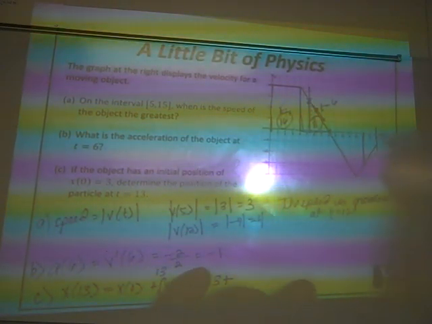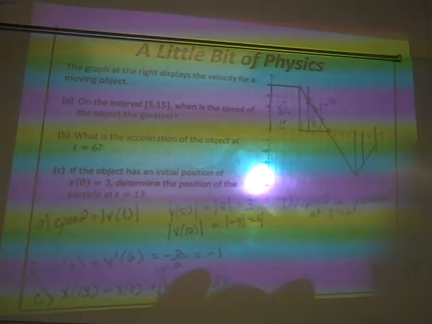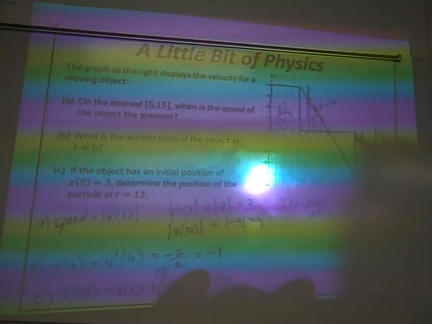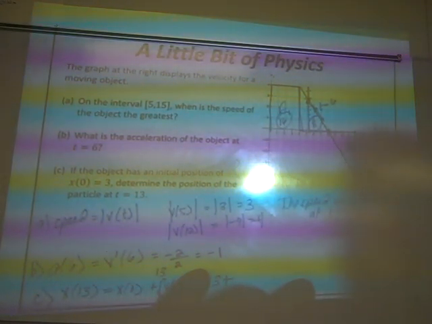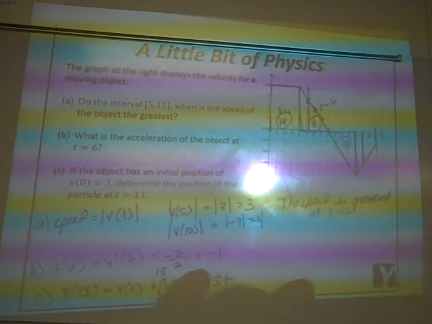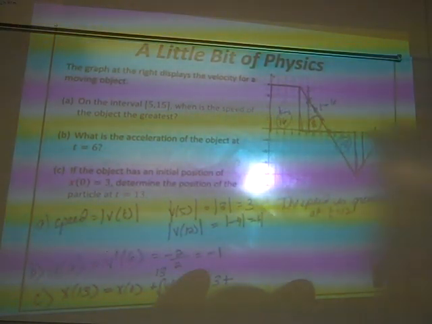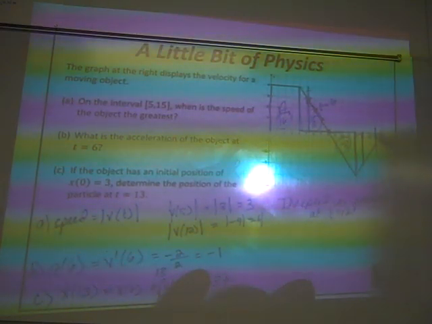Now if I look at the region from 8 to 13, it's not a triangle, it's not really a trapezoid. What we're going to have to do is split this into 2 different regions. Again, we're getting a triangle. So 4 times 4 is 16, cut it in half, that's 8. Because it's below the x-axis, we're going to consider that -8. This region over here, the fourth piece, is a trapezoid.